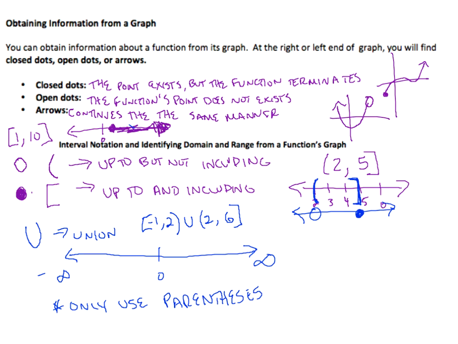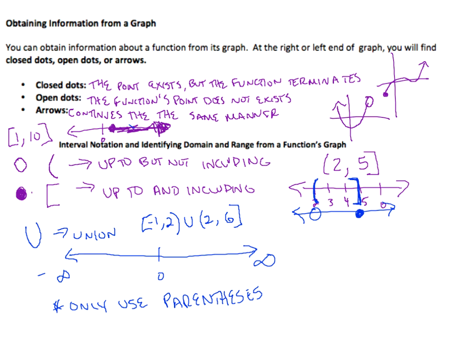You can't say, I'm going to go grab that piece of infinity, because you'd be grabbing a number, a value. The very nature of infinity says I can't go grab a piece of it. I can't include it. So you always use a parenthesis when you're talking about infinity.